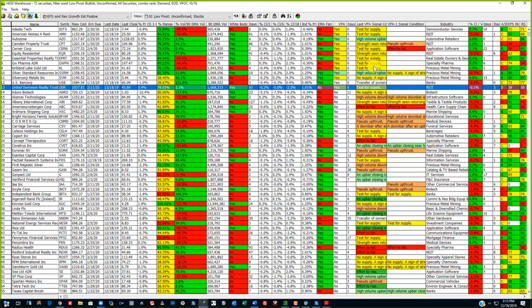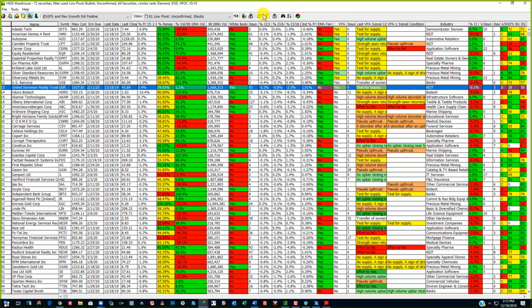And if you look over here, you can see what those signals were. This days since means that it happened today. Now I have some secondary sorts here too. It's probably not going to be as effective on this, but I'll do it anyway.